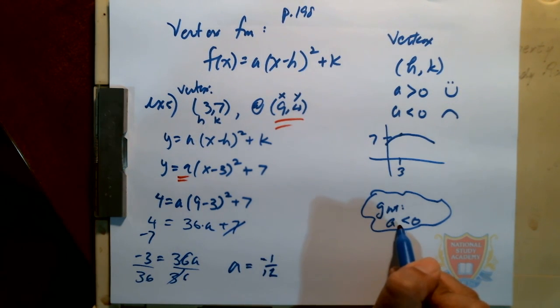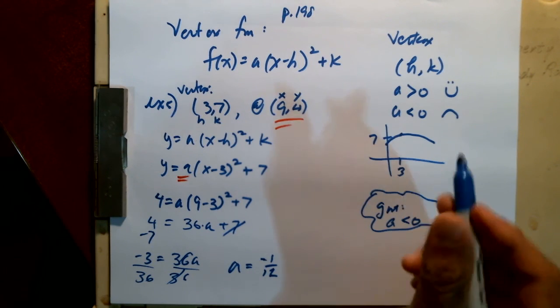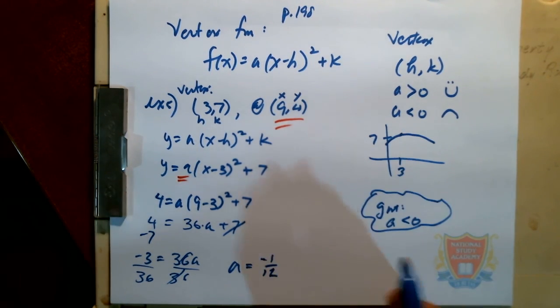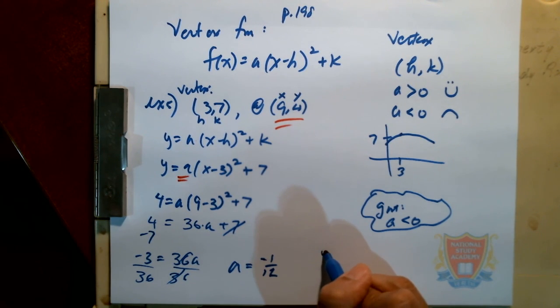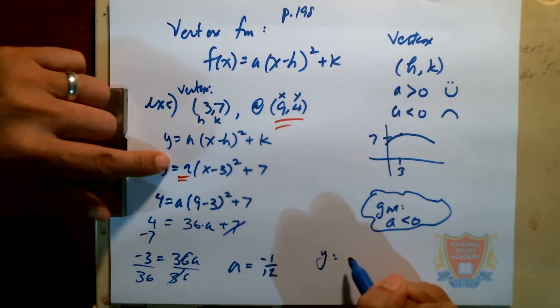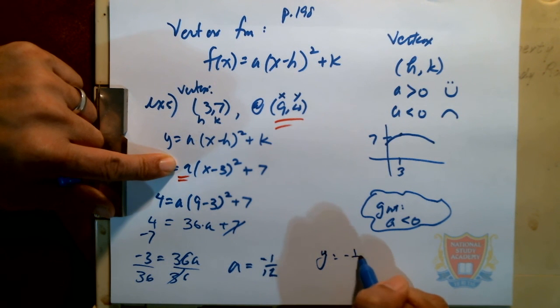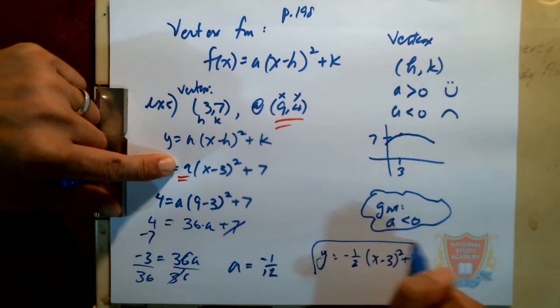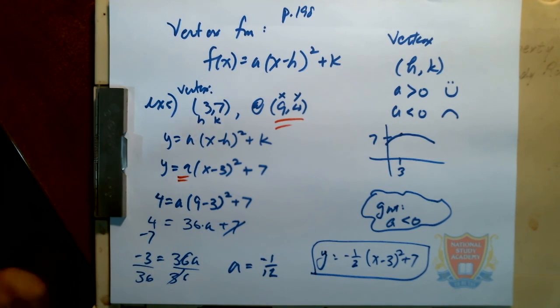Our gut said that a is less than 0 because we know that it's going to be a frowny face. So my equation is now going to be y is equal to negative 1/12 times x minus 3 squared plus 7. This should help with most of your problems on chapter 4, section 1. Sorry I went over 5 minutes on this. Good luck, guys.